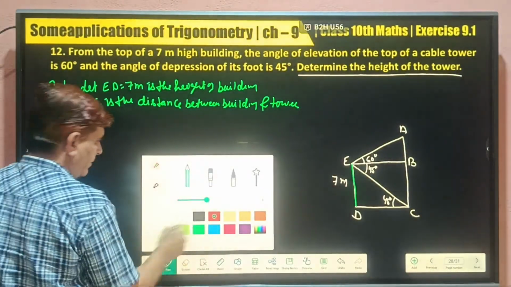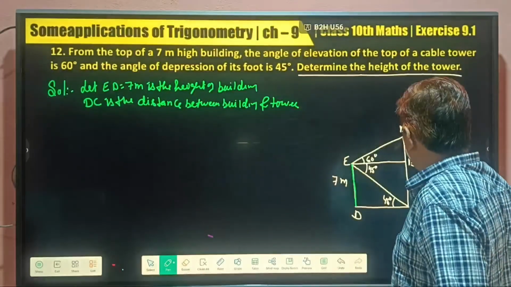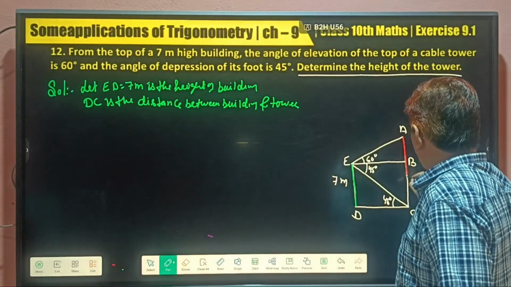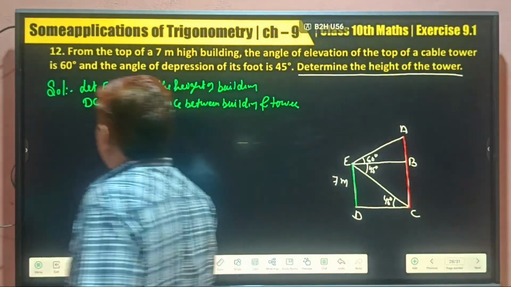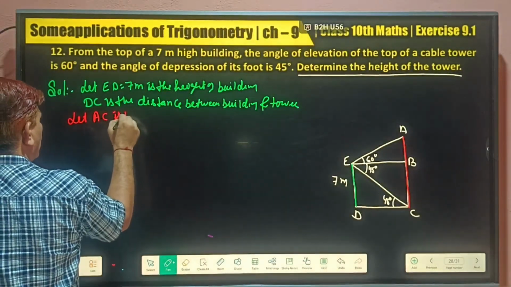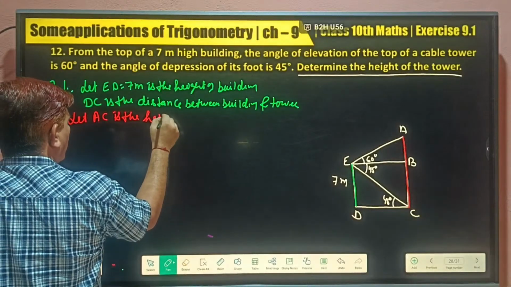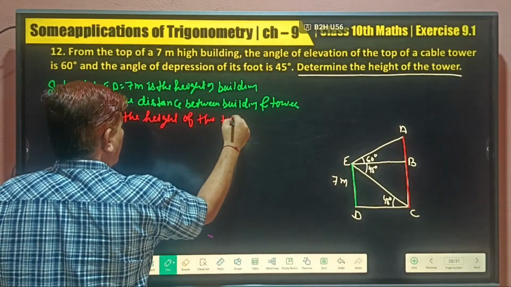And what's your AC? AC is the height of the tower. Let AC is the height of the tower.